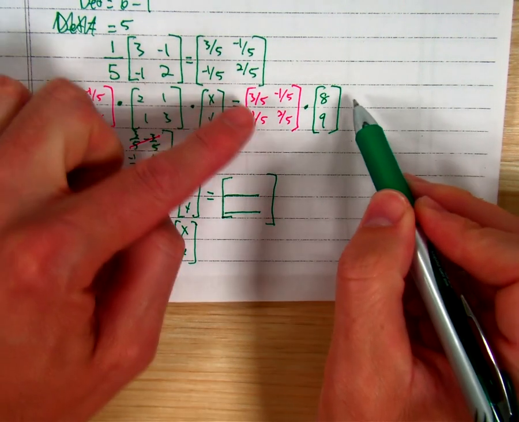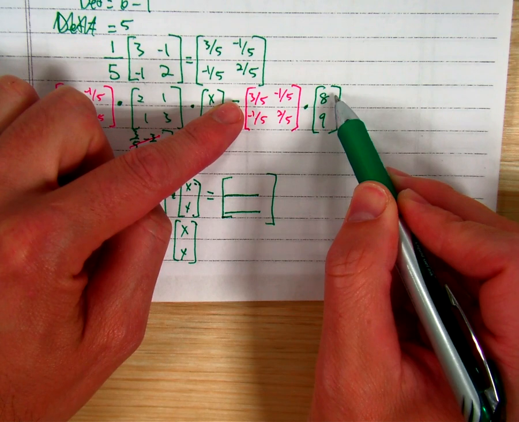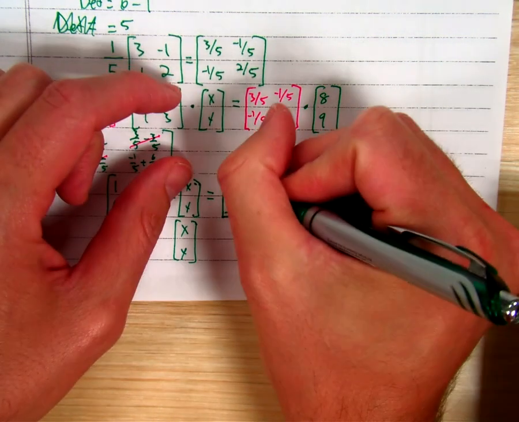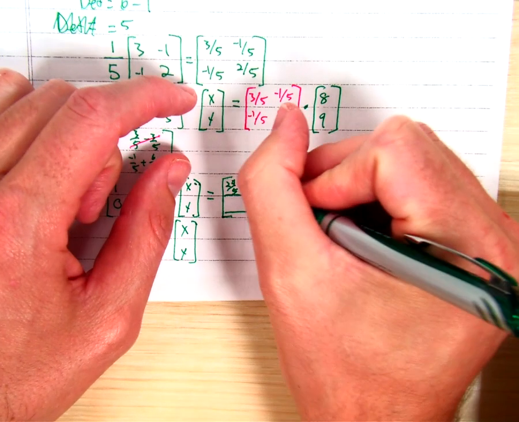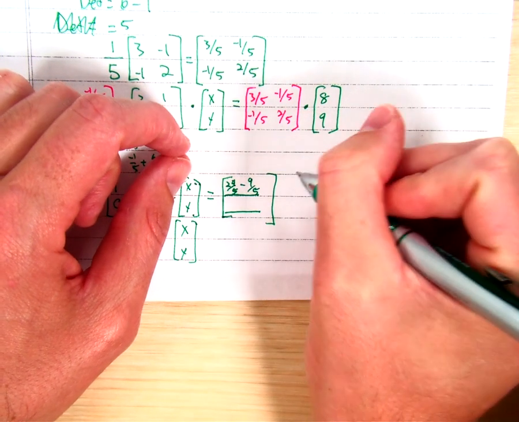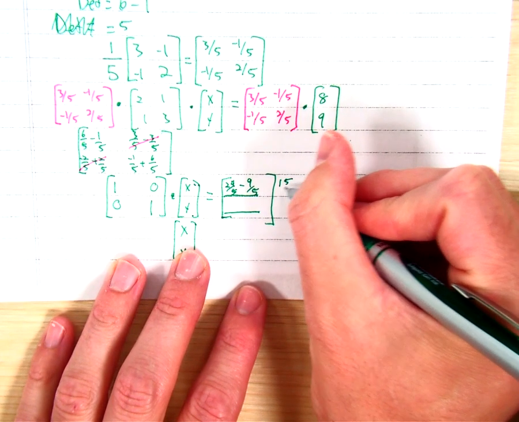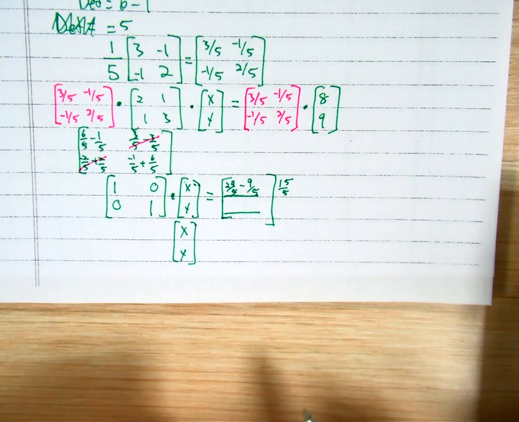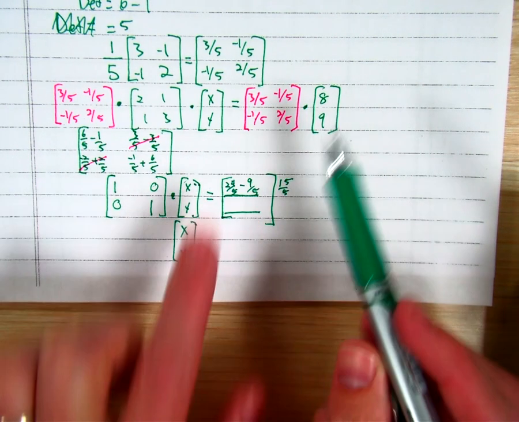All right, so 3/5 times 8. That is 24/5. And then negative 1/5 times 9, so minus 9/5. And just a little quick mental math there, that should be 15/5. It's going to be 3. Bottom row, negative 1/5 times 8.